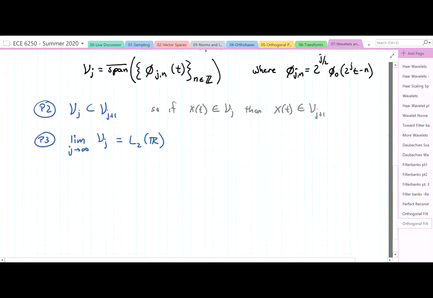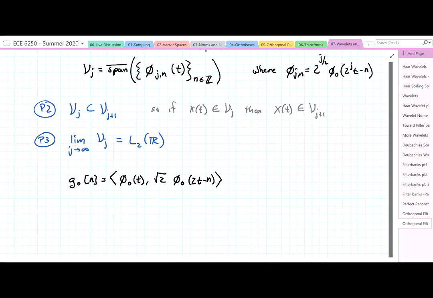And this is related back to our function in this way, that G naught of n is equal to, in other words, our function G naught relates our scaling function to the scaling function at the next level.